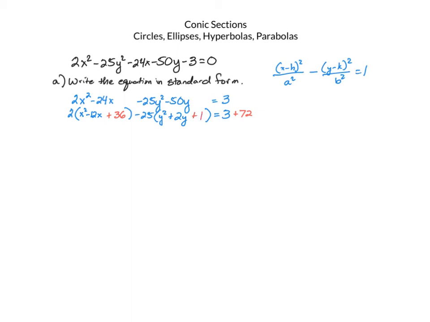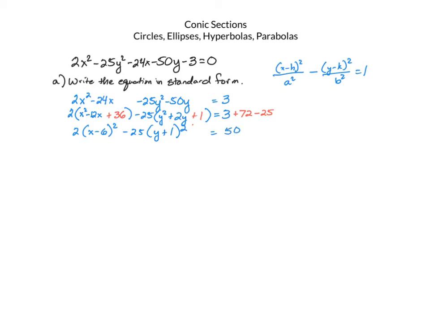But what did I really just add? I added a 1 times negative 25. I've really just added a negative 25, so I need to add a negative 25 to the other side as well. So my equation will now look like this: 2 times (x - 6)^2 - 25 times (y + 1)^2 equals, what is that, 50?